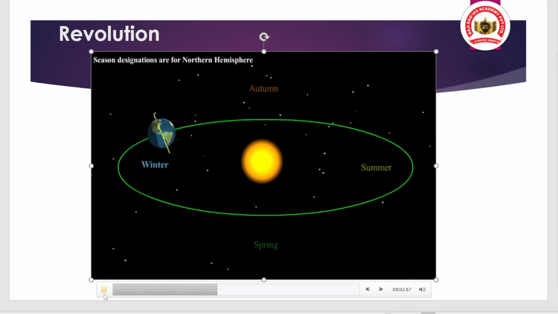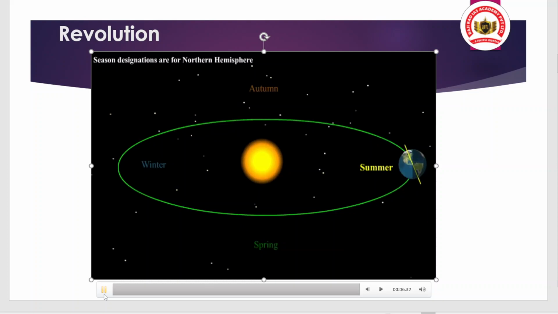For example, in this video you can see that the Earth is slightly tilted on its axis. And because of that tilt, there is the bright side of the Earth, along with the dark side of the Earth, when they revolve around the Sun.